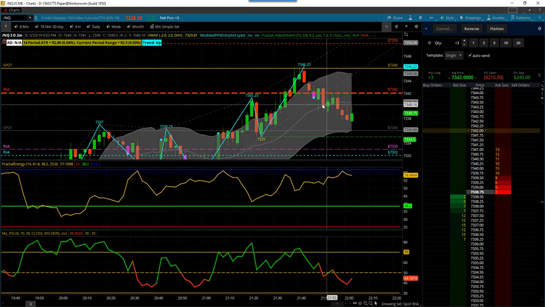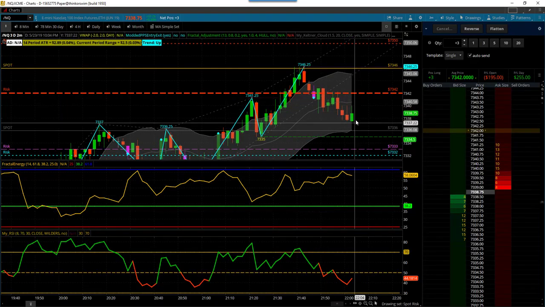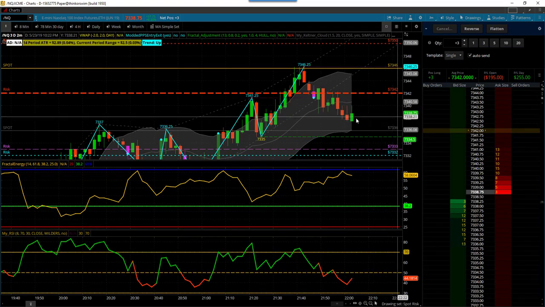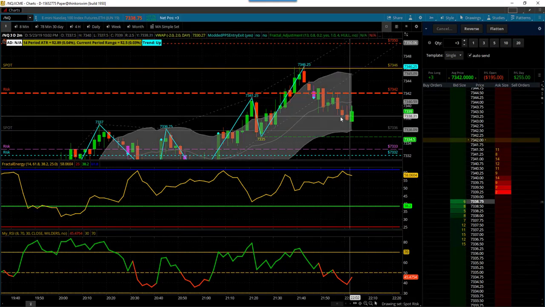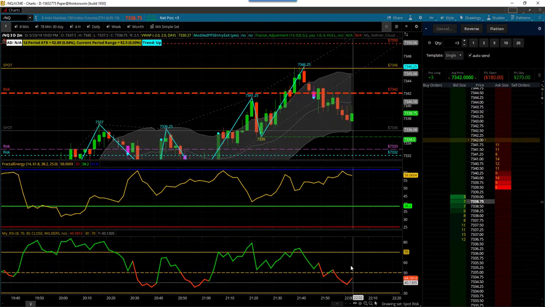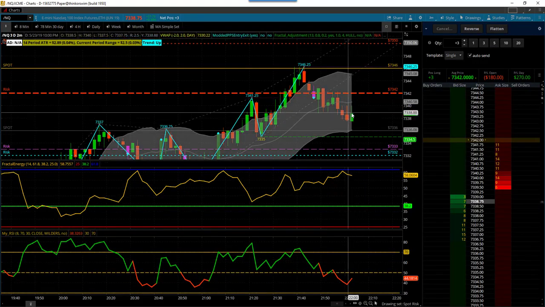I keep turning it on and turning it off because we are moving away from our risk out, and things are starting to line up like this could become profitable.